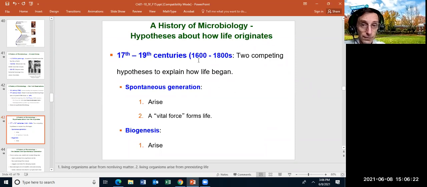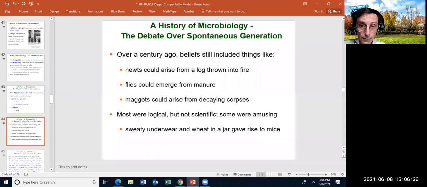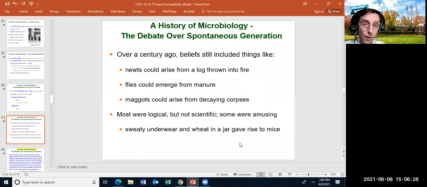Well, in microbiology, these two theories were competing with each other in early microbiology. Over a century ago, there were beliefs that included things like if you threw a log into the fire, a newt would come out of the fire, would crawl out of the fire.